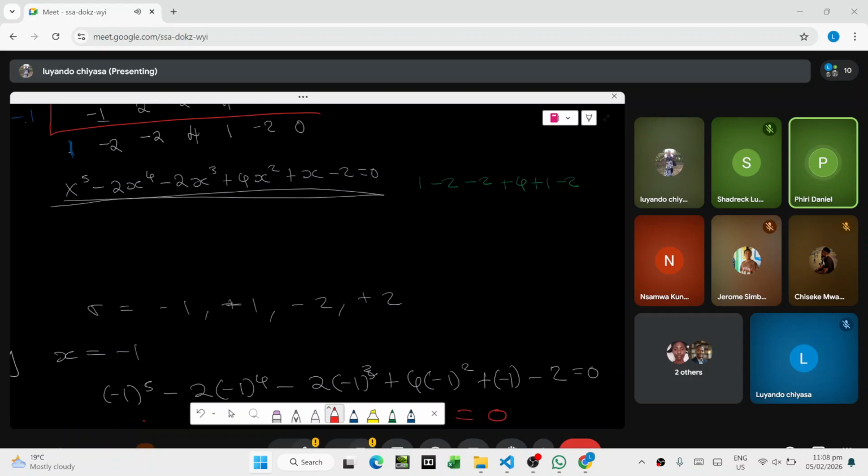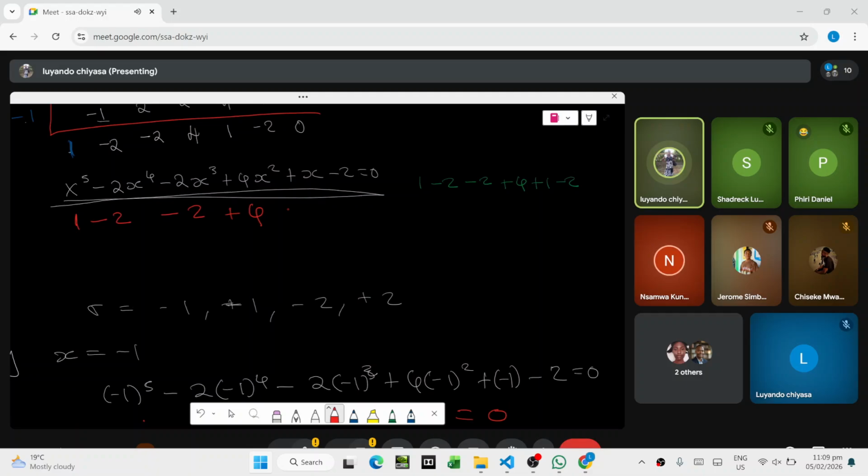So if you replace 1 here, you get 1 minus 2 plus 4 plus 1 minus 2. This will cancel with this. Yeah, it's also a factor.